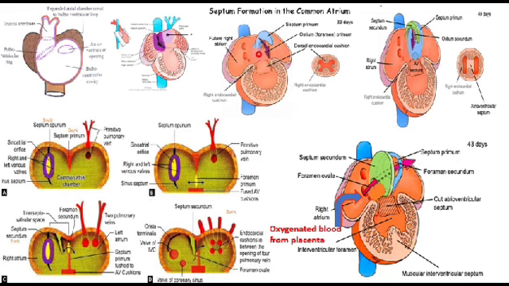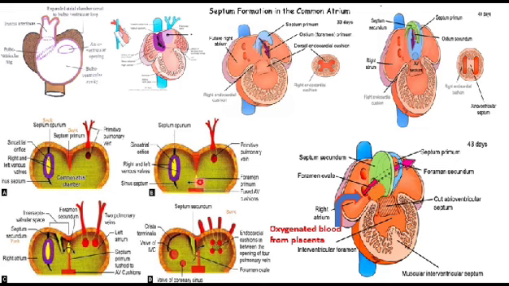So the caudal part of the septum primum is directed ventrally and caudally towards the septum intermedium. So the gap between the septum primum and the septum intermedium is called ostium primum or the foramen primum.